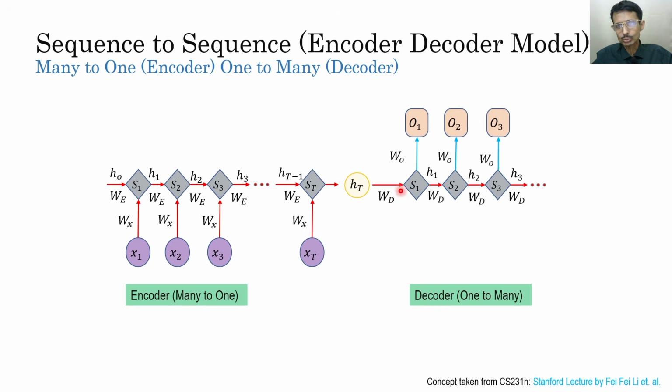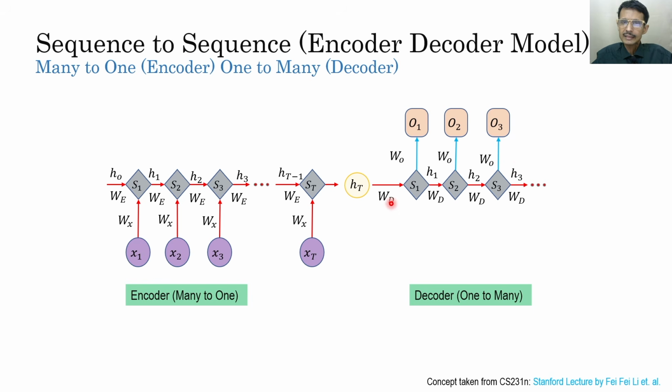Now this is given to the decoder. What is the decoder's job? Given this input, it generates some words that make another sequence. It may be a sentence made of these words, and this may be another sentence, perhaps in another language.